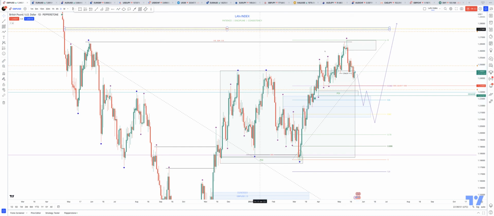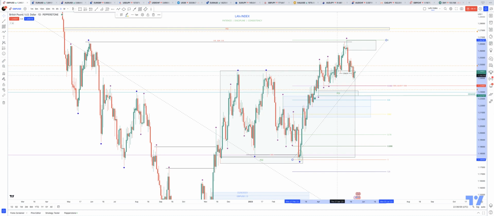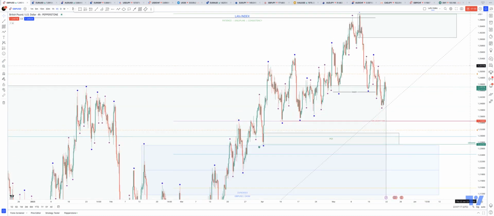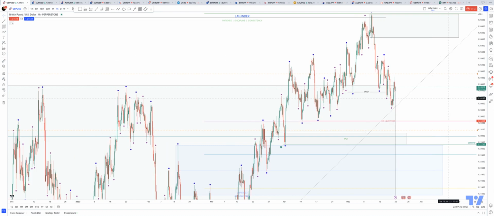Now let's go down to the 4 hours. Reason why I'm convinced that price is coming down is because it's taking this low, this demand zone that spawns at this break of this high. If price didn't break this low and then respected this demand zone, then price will continue to go up, right? But since price has broken this, we're bearish for the time being. It's a counter trend because on the high time frame we're bullish, right?